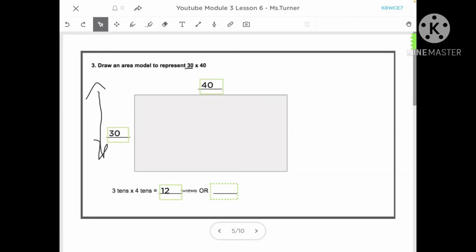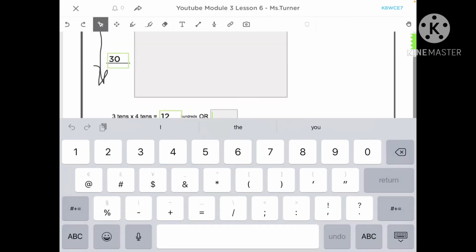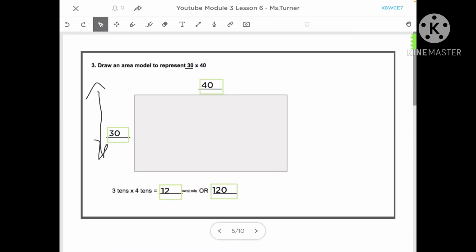Good, it equals 12 hundreds. And how would I write 12 hundreds in standard form? What do you guys think? Yep, it equals 1,200 in standard form.